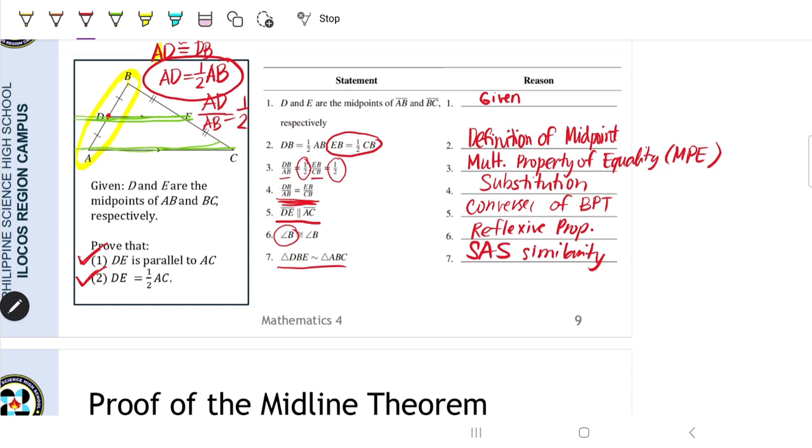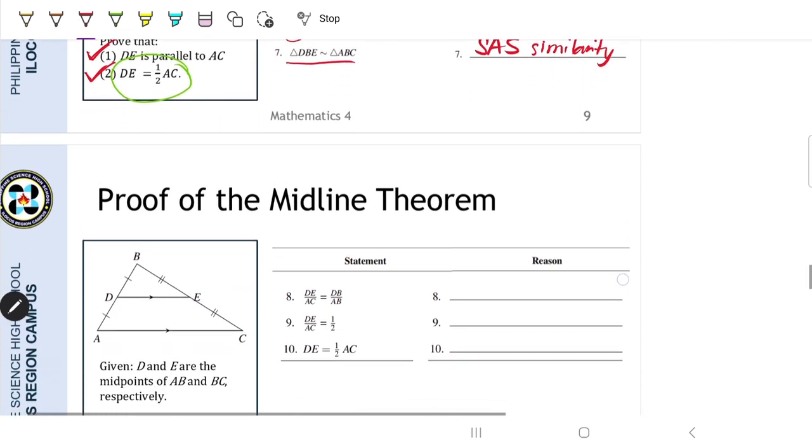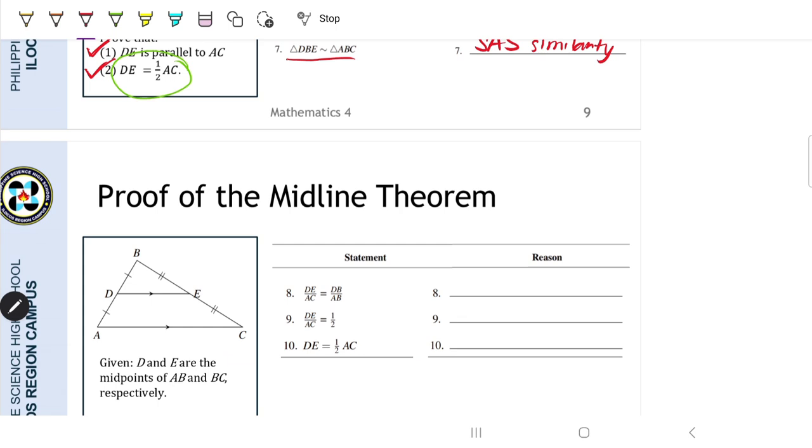So hindi pa tayo tapos. Again, this is the statement that we want to prove. Let's continue with statement 8. So since the two triangles are similar, the proportion of all of its 3 pairs of corresponding sides should be equal.